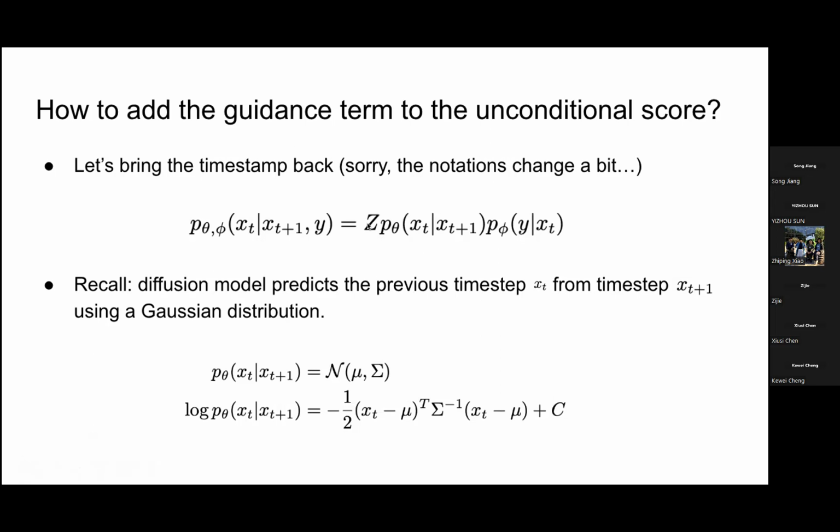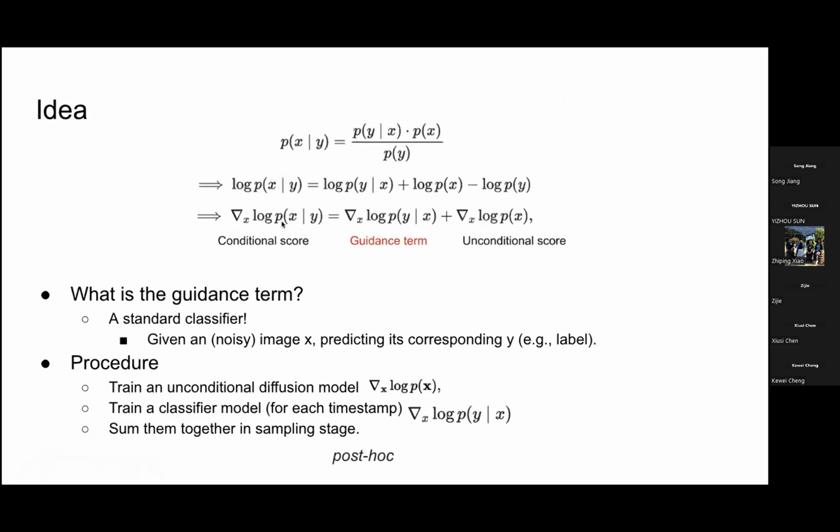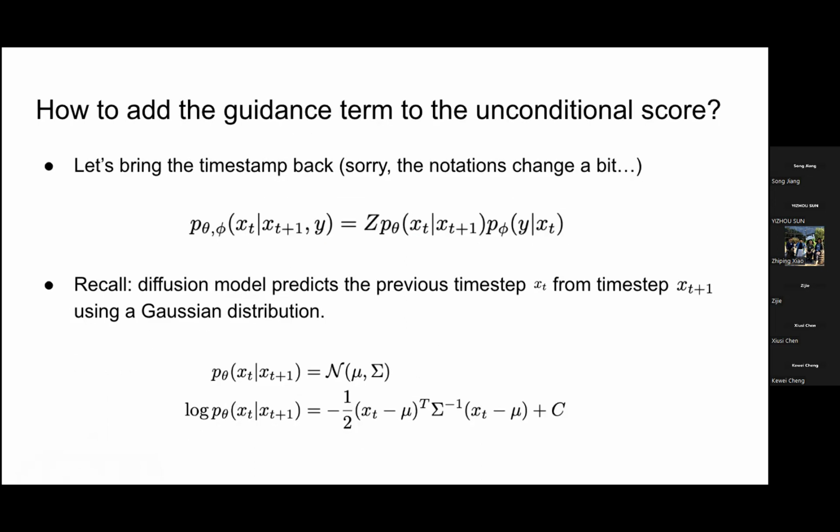Okay, now let's change the notation a little bit. Previously we didn't consider the time step in the diffusion model, but we know that the diffusion model works step by step. In the sampling stage, we are denoising step by step, right? So we generate a new image from the noisy image in the previous step. So let's bring the time step back, because sampling is in the inverse direction.